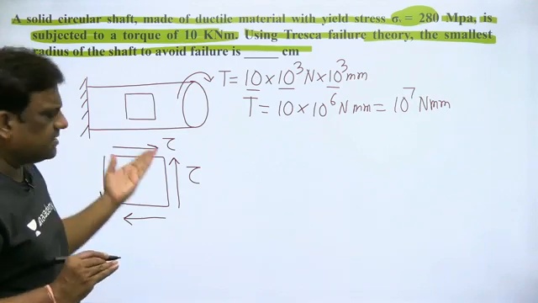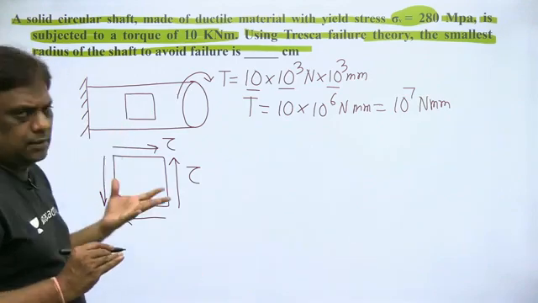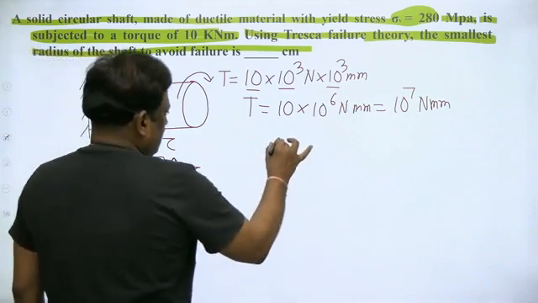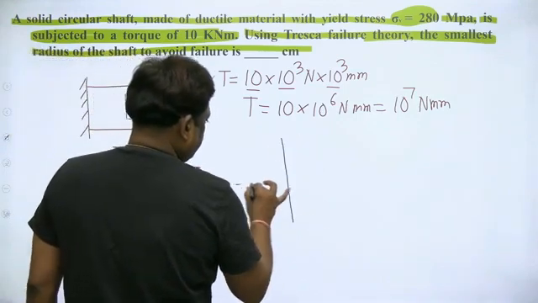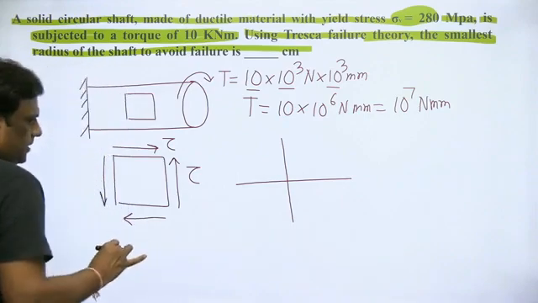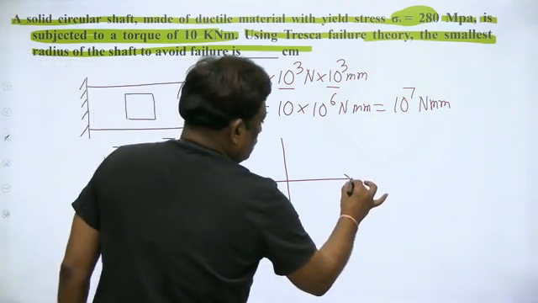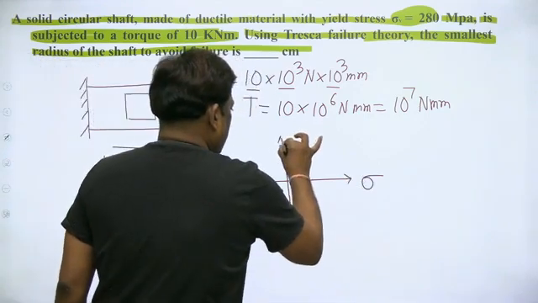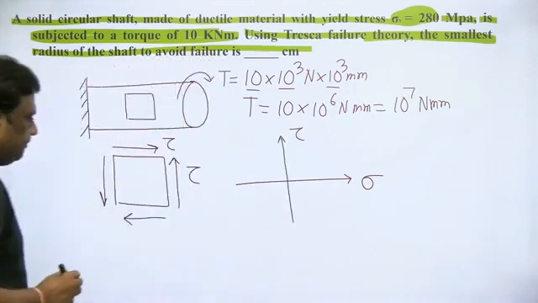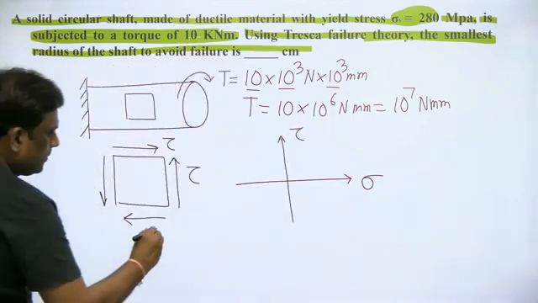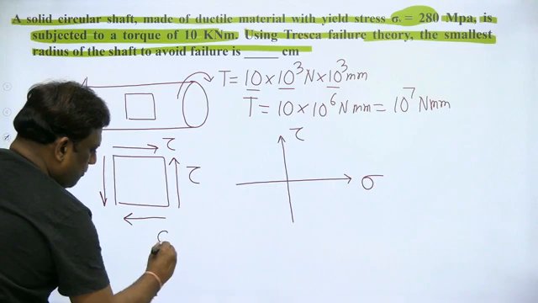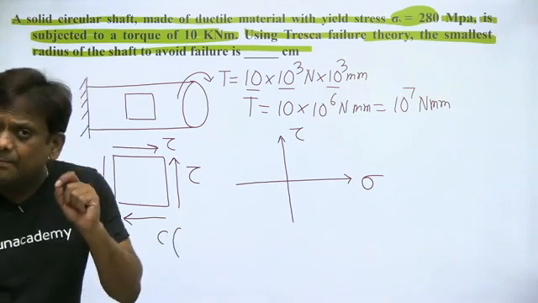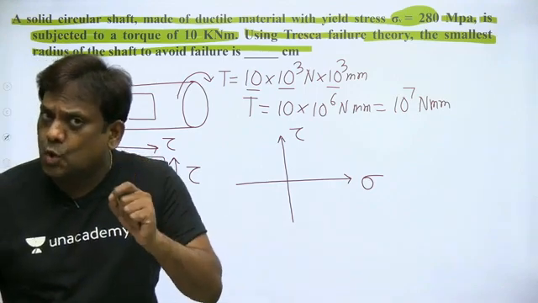In this case, if you draw the Mohr circle, you will get the maximum shear stress. Okay, let's draw a Mohr circle. This is normal stress and this is shear stress. Okay. Look at, the center of Mohr circle will lie on sigma x plus sigma y by 2 comma 0.